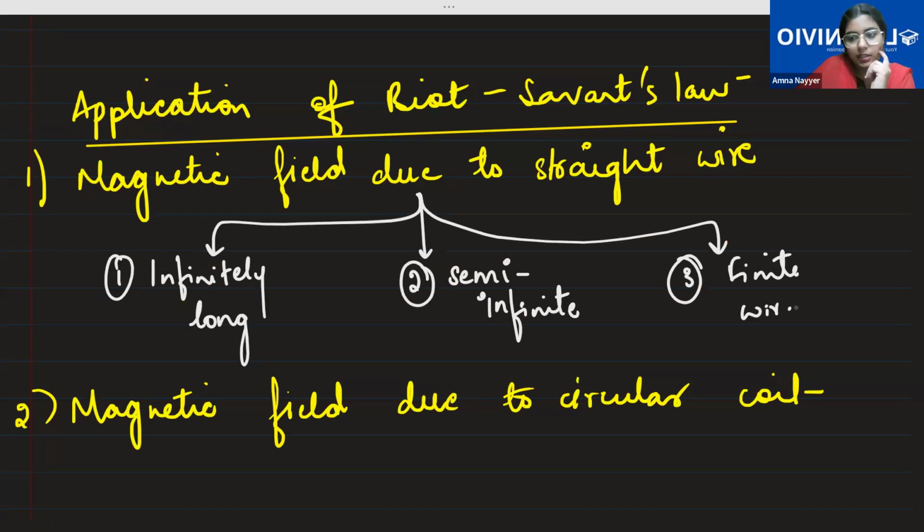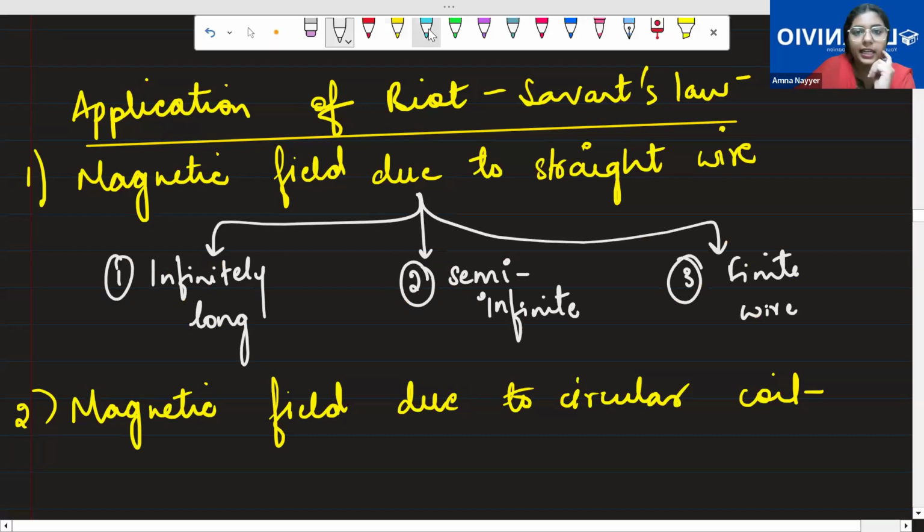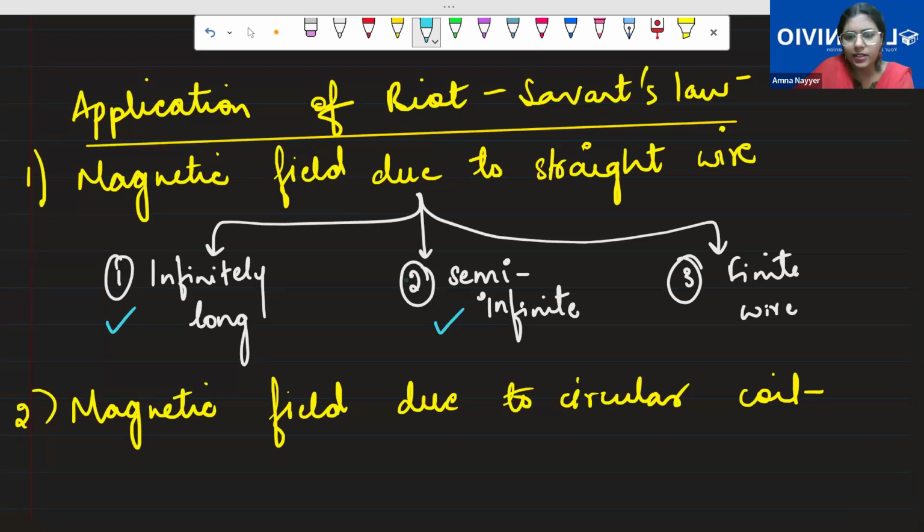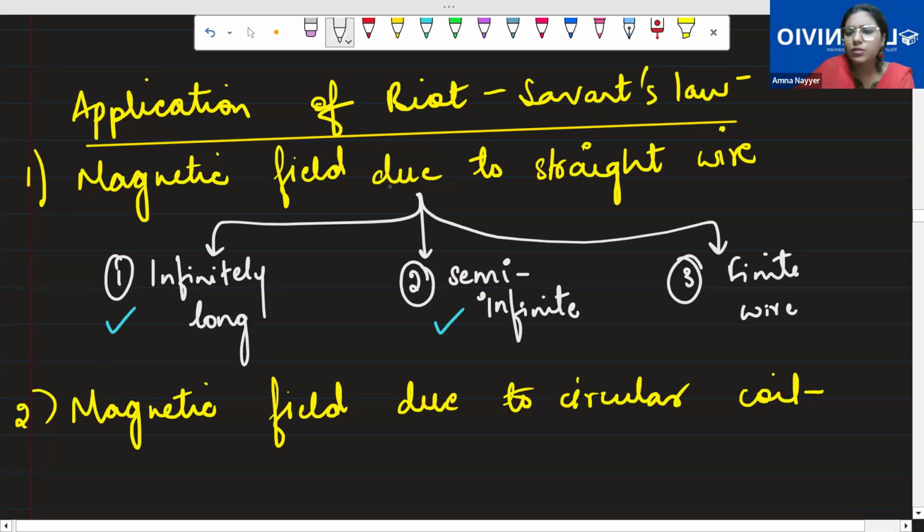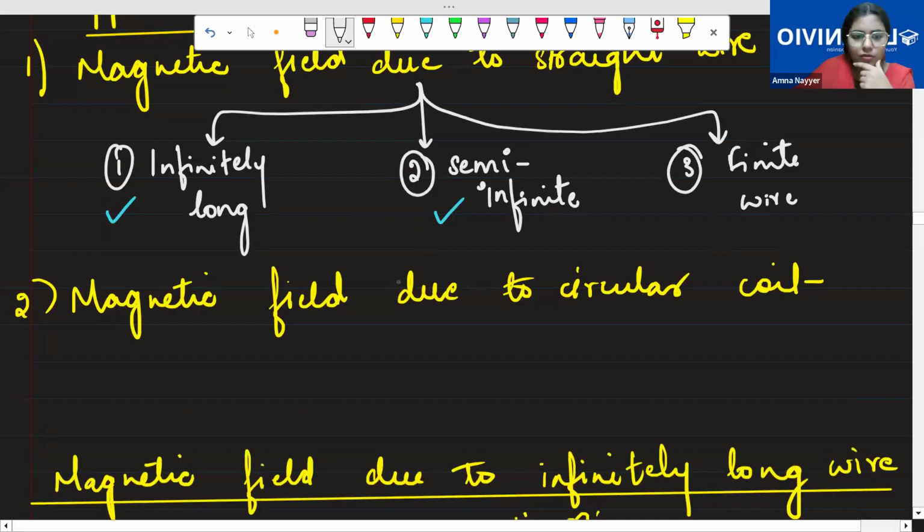From this, only the infinite long wire and semi-infinite wire are there, and that too just the formula. You don't have any derivation from it. You should just know so that when you sit to study, you know what you have to focus on.